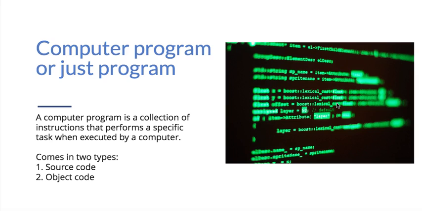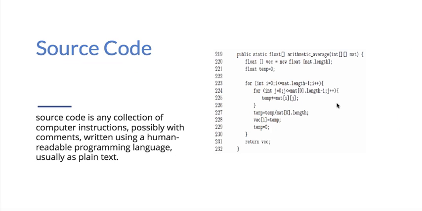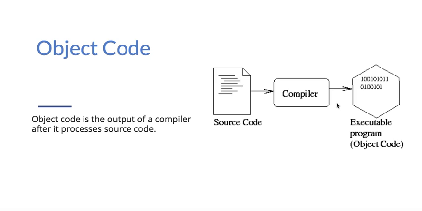It is either a source code or an object code. A source code is a human readable code that can be edited very easily. And object code is a not so human readable code that is specifically designed for the CPU to read.